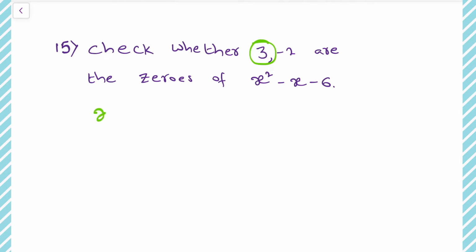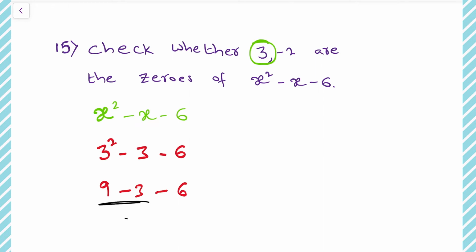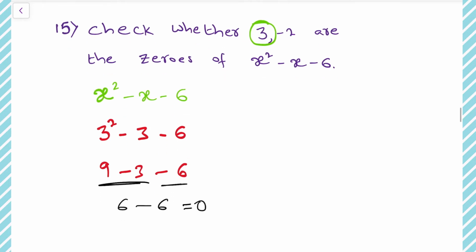So the given polynomial, if I write it again, x square minus x minus 6. Now here in the place of x I substitute 3. So 3 square minus 3 minus 6. 3 square is 9, minus 3 minus 6. 9 minus 3 is 6, 6 minus 6 as usual. 6 minus 6 is 0. Next, now the second number I am taking is minus 2. Here the given polynomial is x square minus x minus 6.